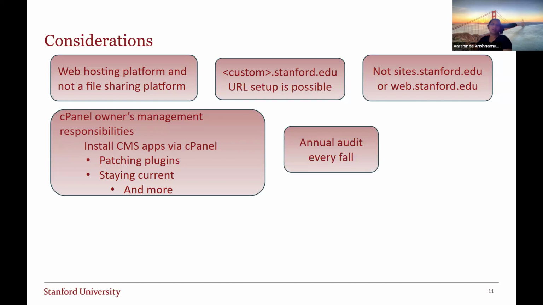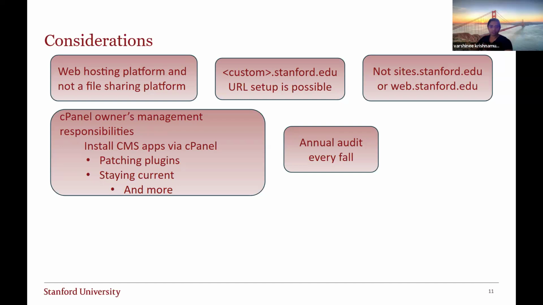We do conduct an annual audit every year. The purpose of this audit is to make sure all cPanels have an active SUNet ID owner. During this audit, we send emails to all cPanel owners requesting them to mark their selection if they want to keep or delete the cPanel.